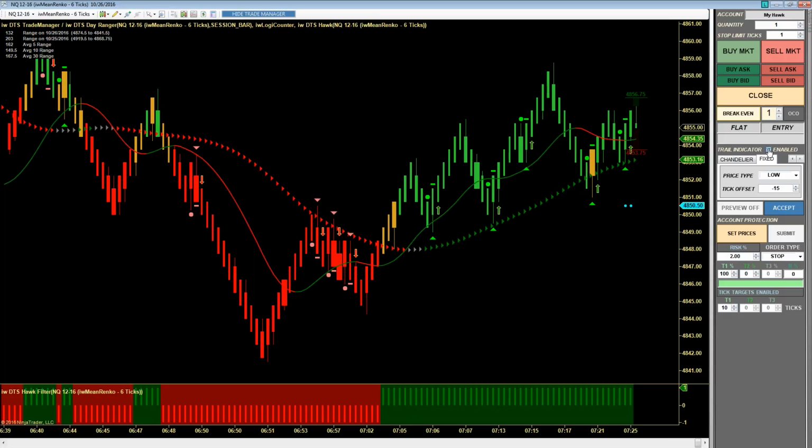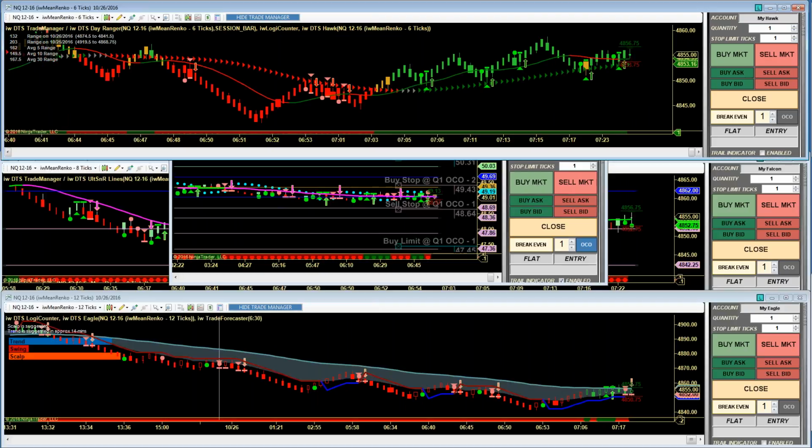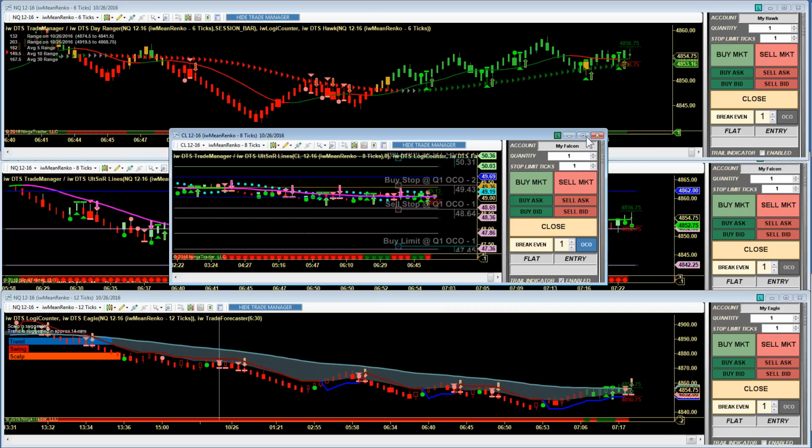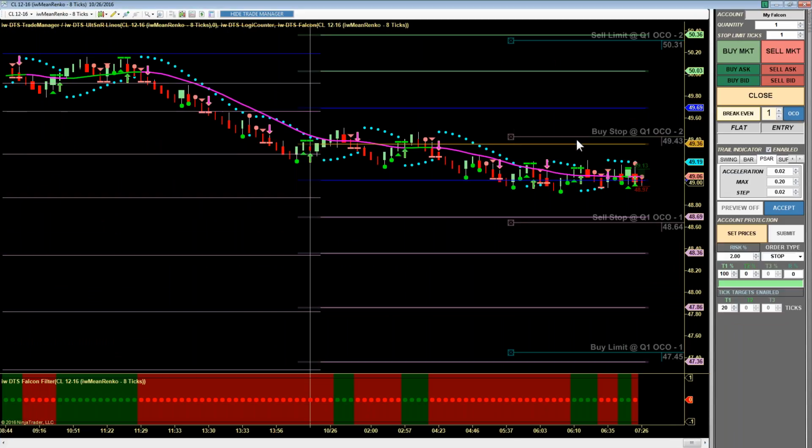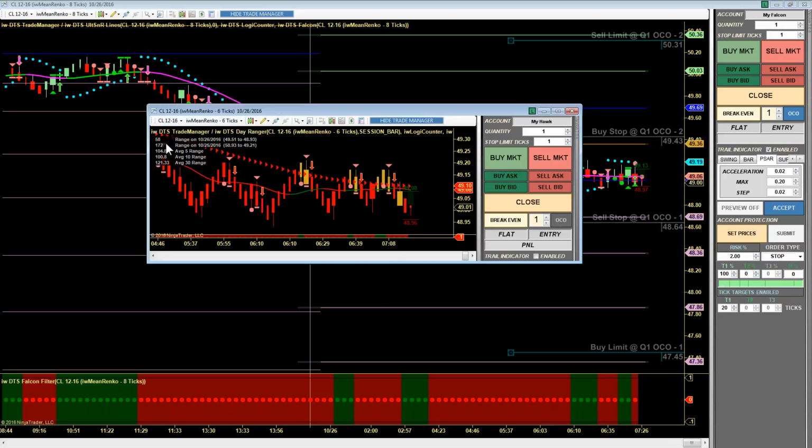So the Day Ranger, a great tool for helping you take advantage of what the potential optimal range for the market is. Because, of course, it does change, right? Like here on crude oil today, we're only up to 58 ticks. Yesterday was 172, which is well above average. It looks like the average range going from around 100 to 120 ticks.